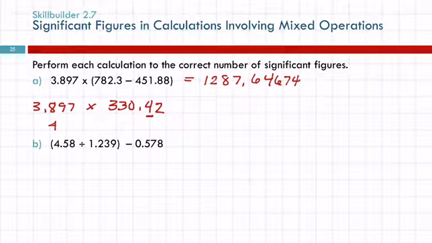So this also has 4 significant figures. So 4 and 4, they're both the smallest. That means I keep 4 sig figs in this number. Here's the 1, 2, 3, 4. I'm going to keep to the ones place. I look at the 6. That tells me I need to round up, and so my answer is 1288.